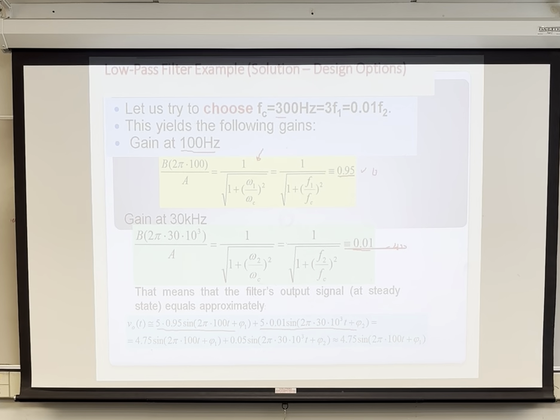And then trigonometrically, we combine both of these. They're both sine functions, so we can combine those, and what should come out of PSpice is 4.75 sine of 2 pi 100t. So what's missing is the 30 kilohertz here. This is assuming a very ideal filter that's going to completely remove the 30 kilohertz interfering signal.